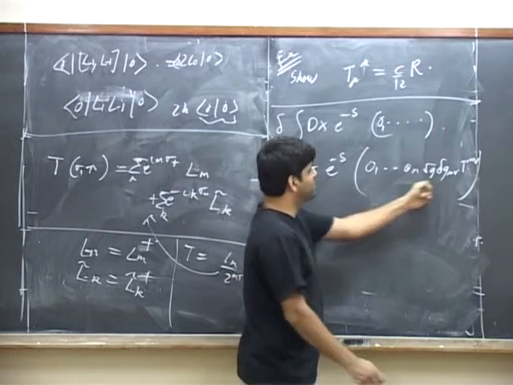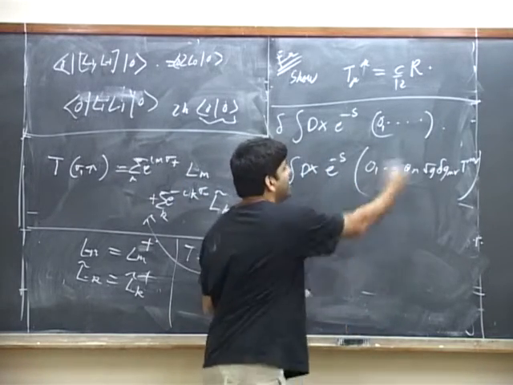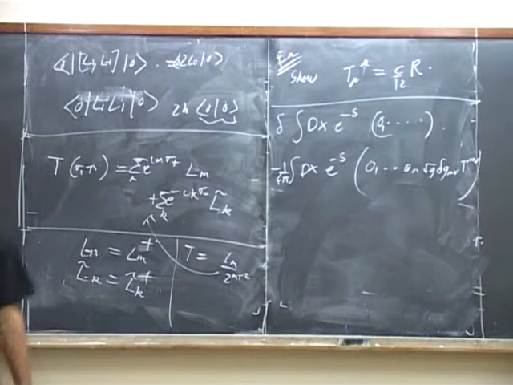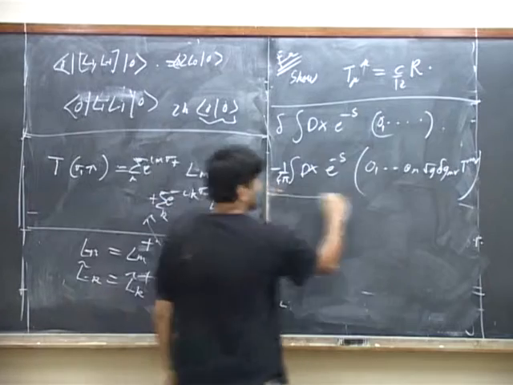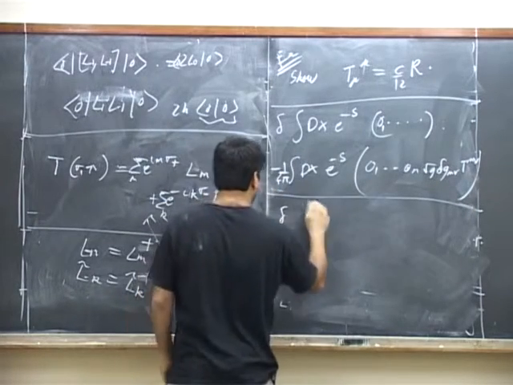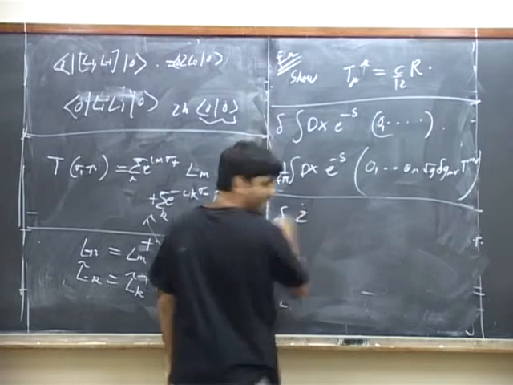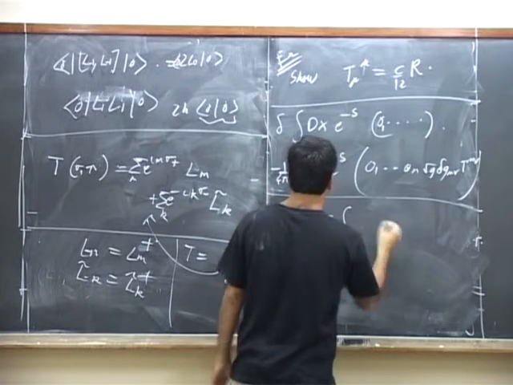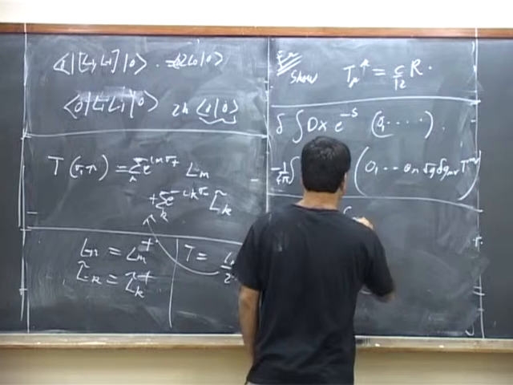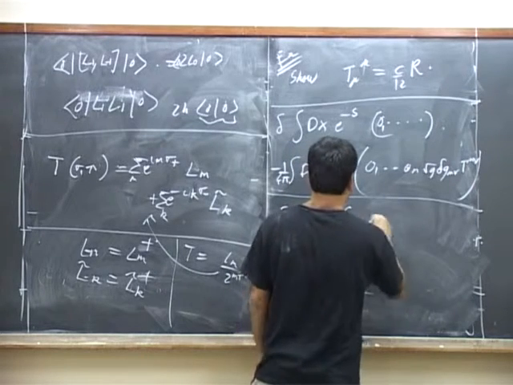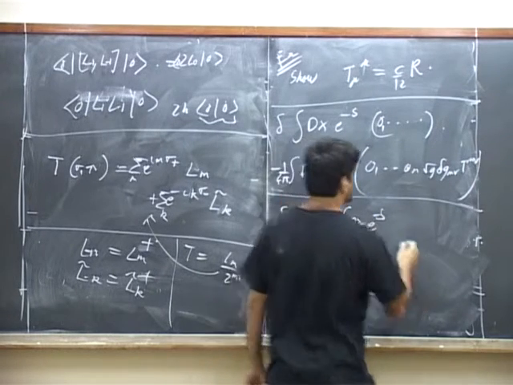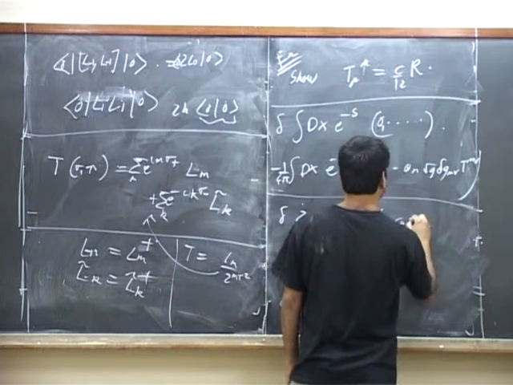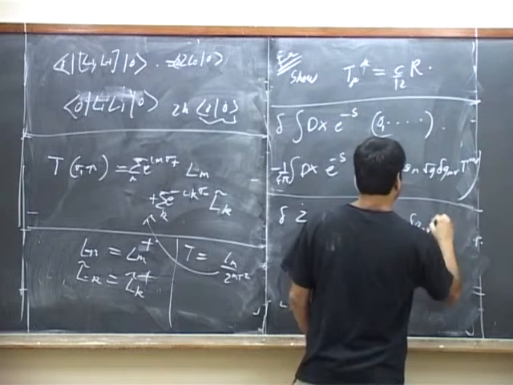We'll apply this definition of the stress tensor not to correlators with operators, but just to the partition function itself. Okay? So, a special case of the definition of the stress tensor was delta of, let's call it Z, is equal to the integral dx e to the power minus S times square root g delta g mu nu T mu nu.